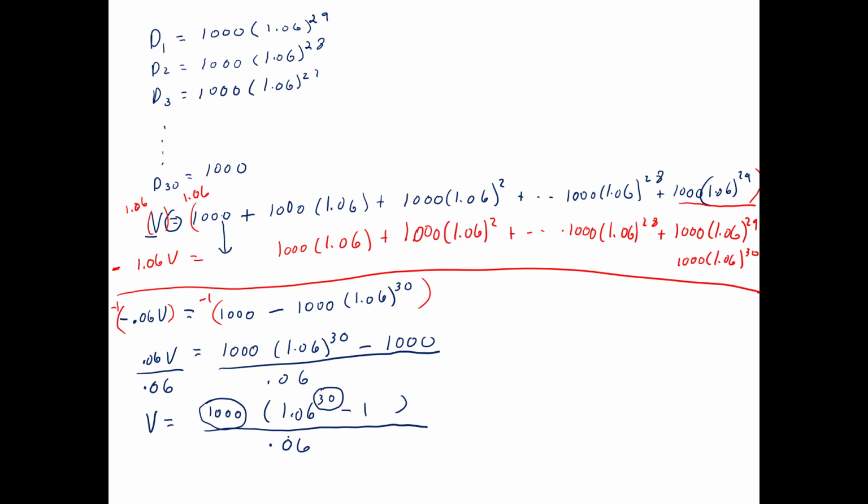The 0.06 was our annual interest rate. And the 1.06, that's because every time you go through a percent increase, you have to multiply by 1 plus r, and the 1 plus the 0.06 gives us this 1.06.